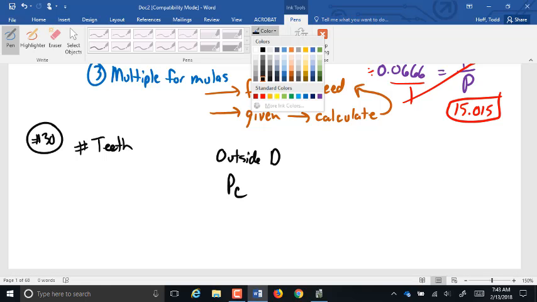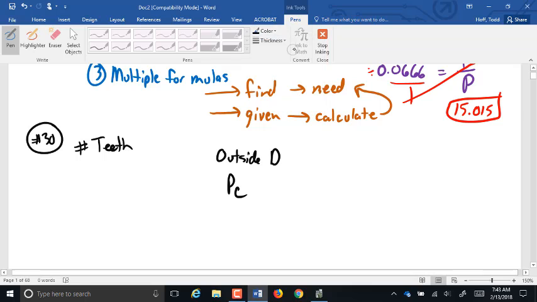Well, if we look up the number of teeth, there is no formula that uses the outside diameter or the circular pitch to find number of teeth. So let's look up outside diameter and circular pitch. Okay, we have that formula for outside diameter.